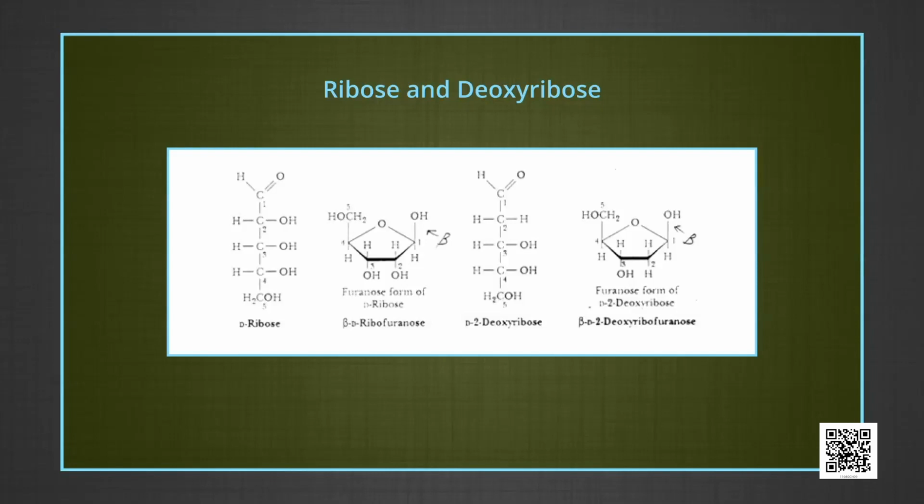These 5 carbon atoms also have ring forms. Ring form for 5 carbon is known as pentose or furan ring, but in case of 6 carbon atoms, these have different names.